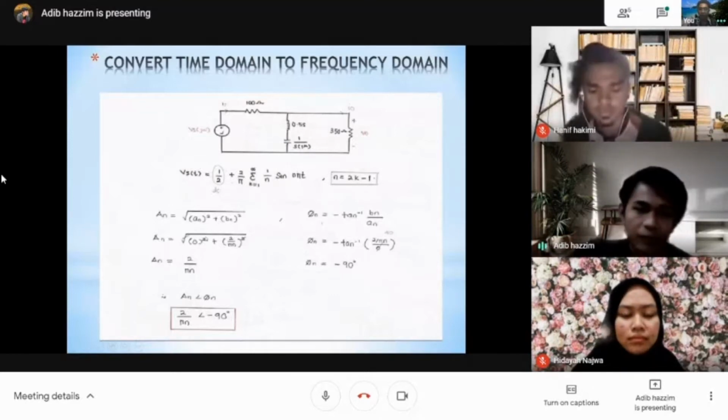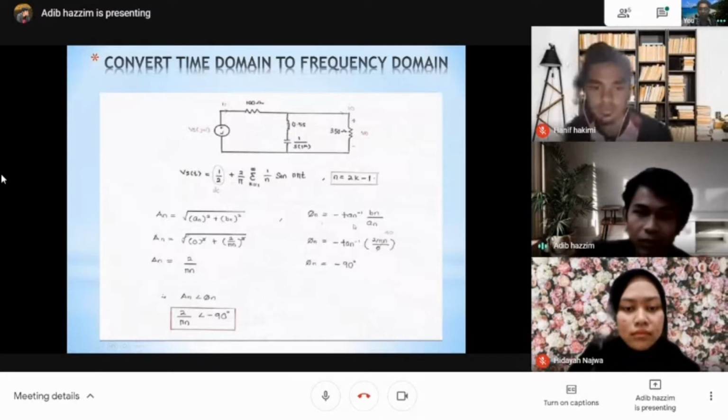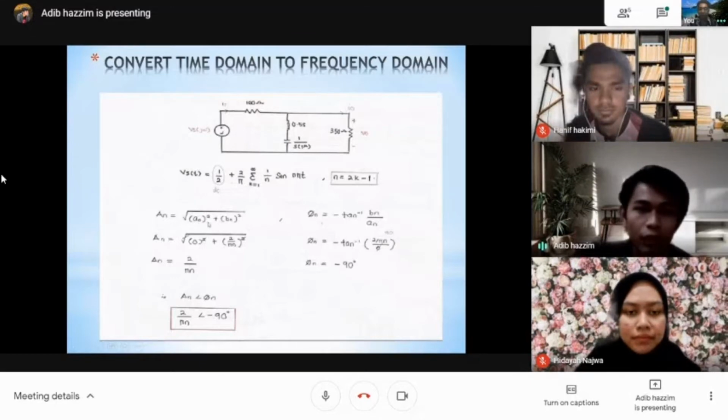First step, we need to find the magnitude An and the angle, which is negative inverse tangent of bn over an. We substitute the values of an and bn.